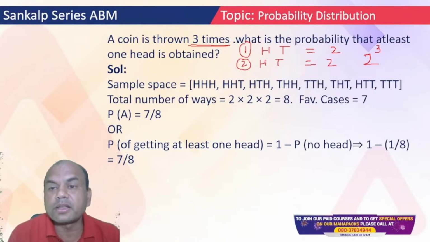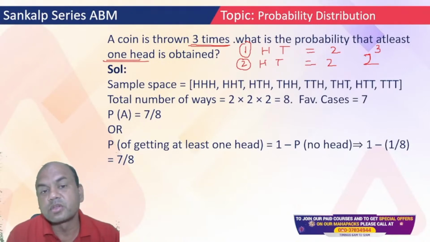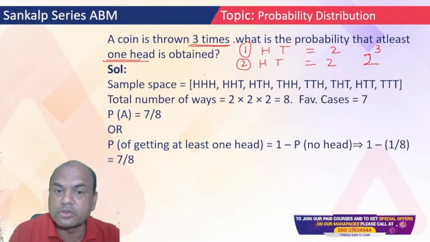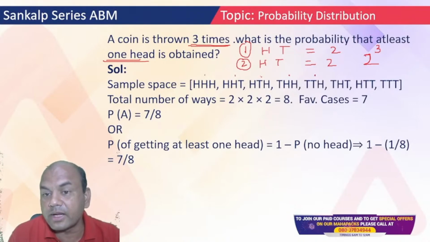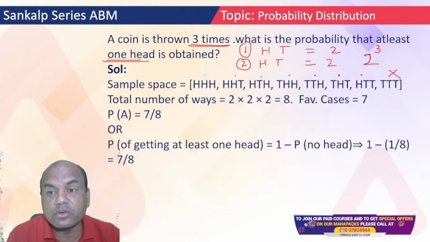What is the probability that at least one head is obtained? At least one head. So am I having one head here? Yeah, I am having more than one head, so this is okay. At least one head I must get. This is not okay, because here I am getting tail.